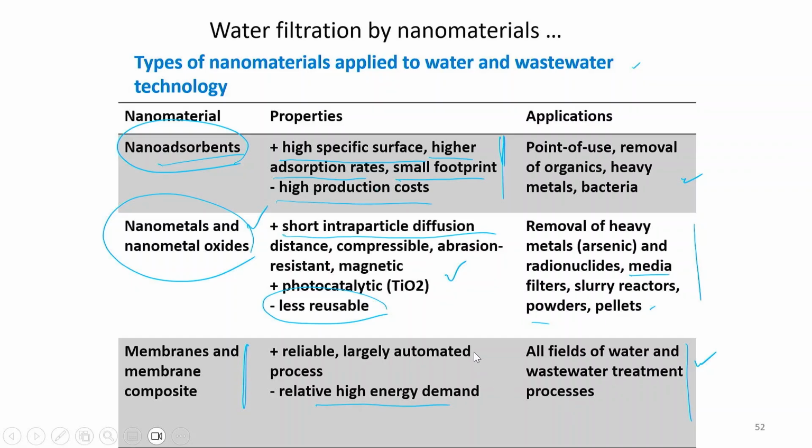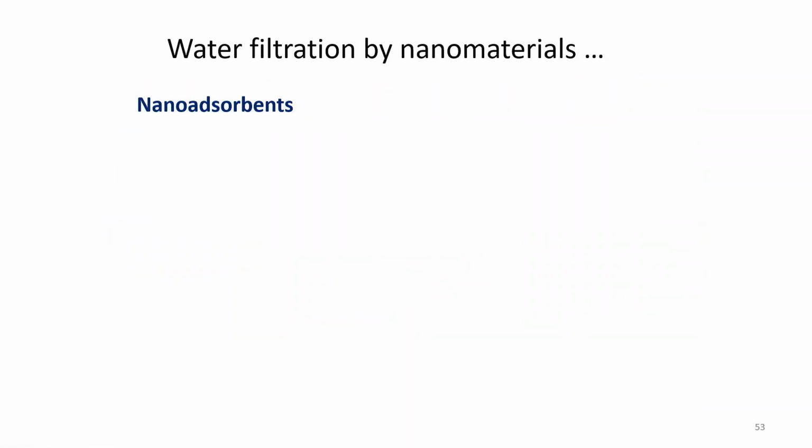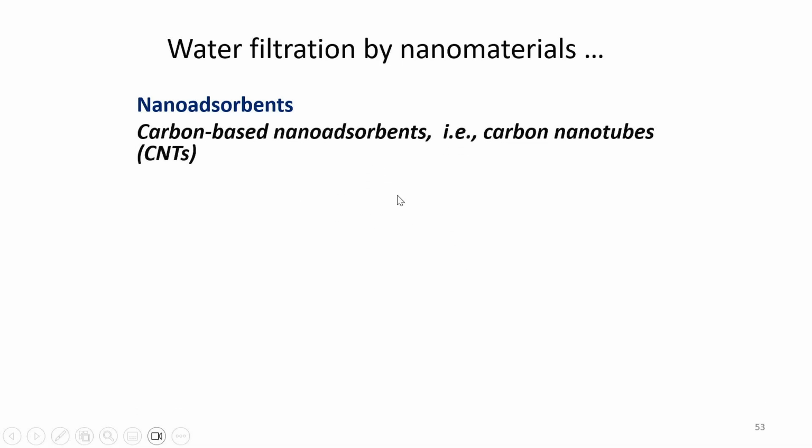Now, let us understand this in detail. So, nano adsorbents are basically carbon based nano adsorbents, like carbon nanotubes, CNTs. They are widely used in different materials, like high strength materials, and we can even use them for water filtration.